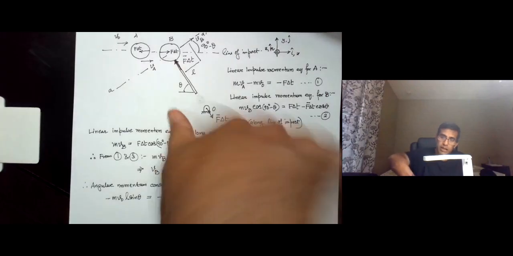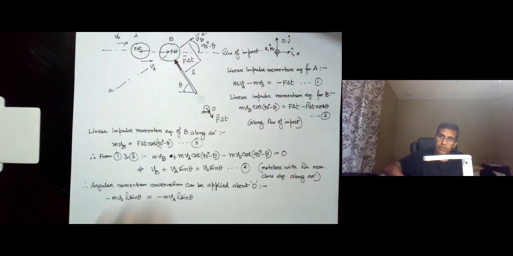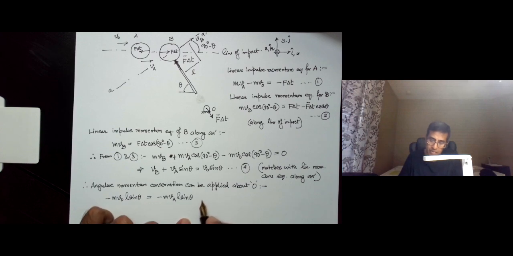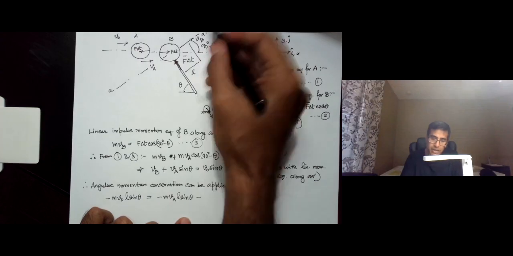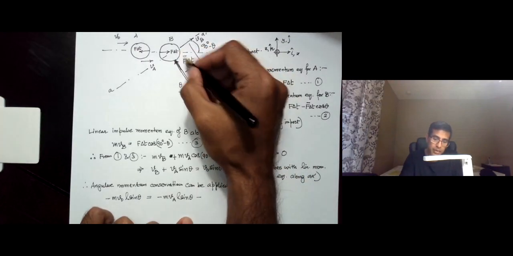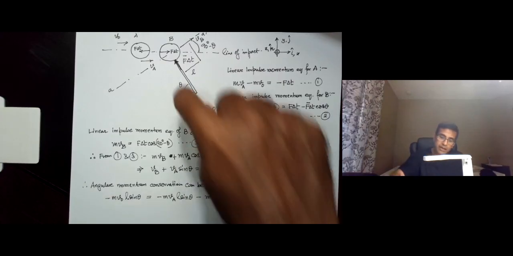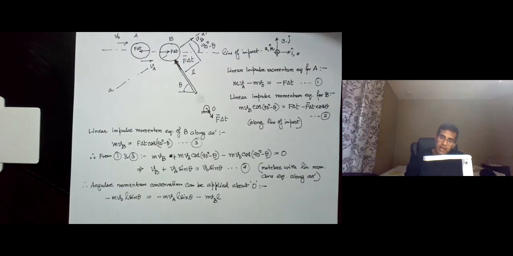It is producing angular momentum going into the page, so a negative sign. On the left hand side we have the angular momentum before collision, and on the right hand side the angular momentum after collision. And we will have vB. vB is perpendicular to L, so mvBL is the angular momentum, and it is again a clockwise angular momentum, so it's negative because we are considering counterclockwise, pointing outwards, to be positive.